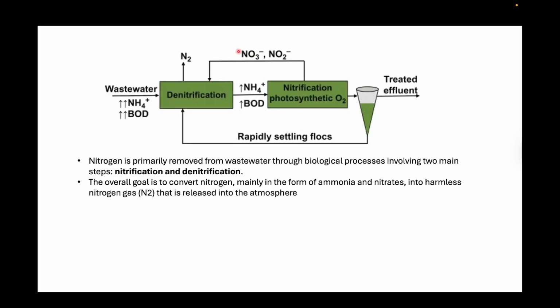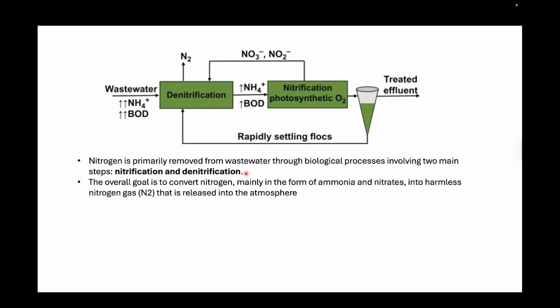The nitrates can be converted to nitrogen, and the floc is then processed into the denitrification chamber for the activated sludge treatment of biological nitrogen waste removal.